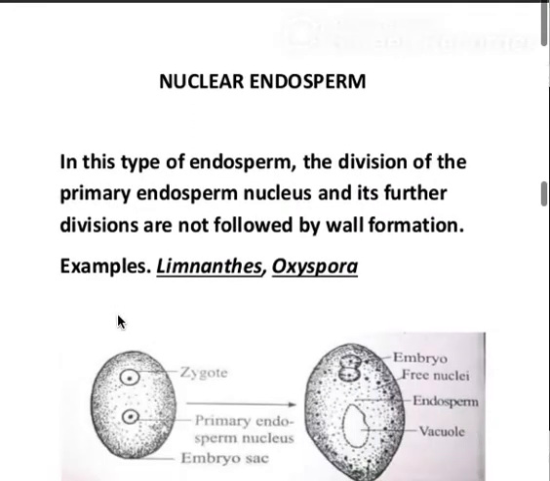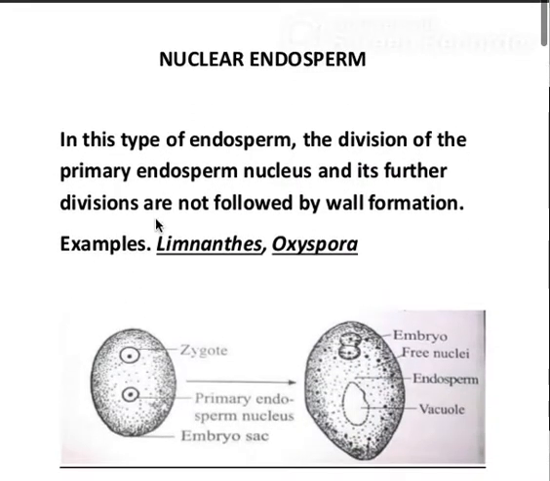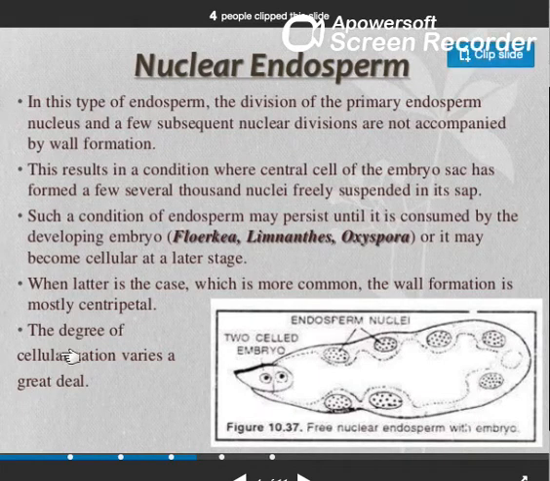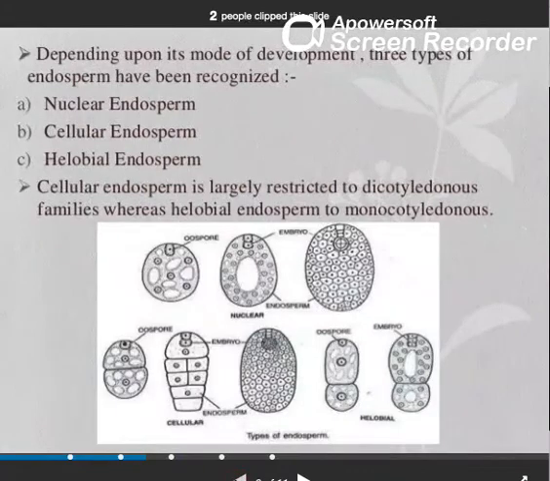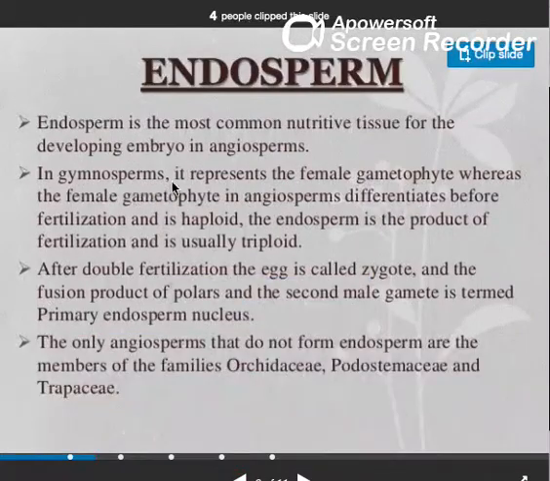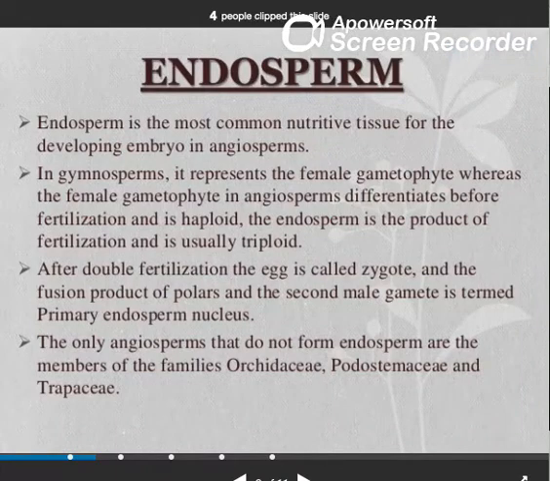If you look at the nuclear endosperm, first of all, how is the endosperm formed? In the previous video, I showed you how it is formed. It is formed when there is double fertilization.